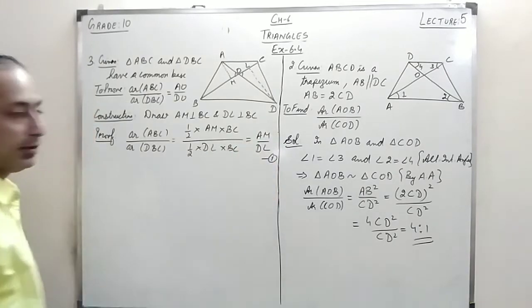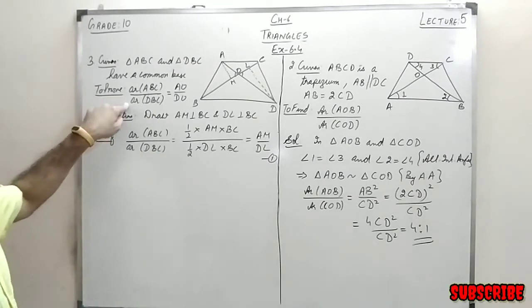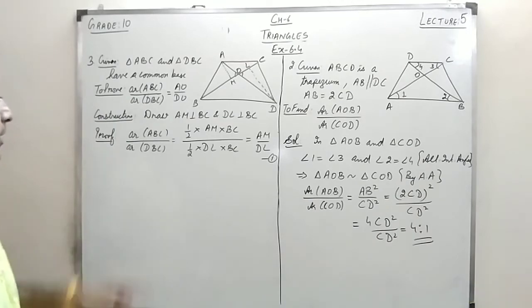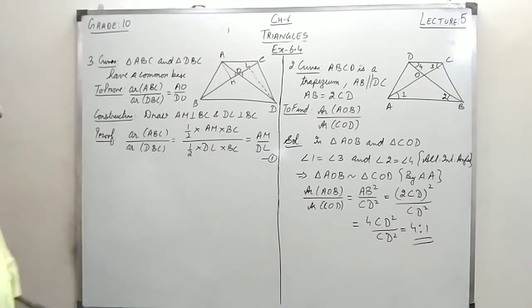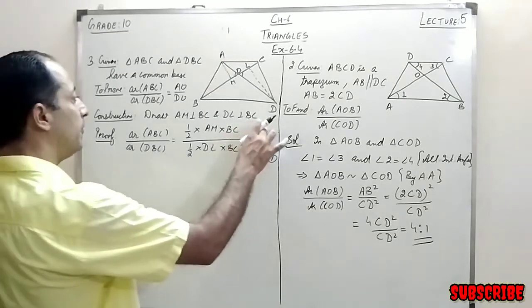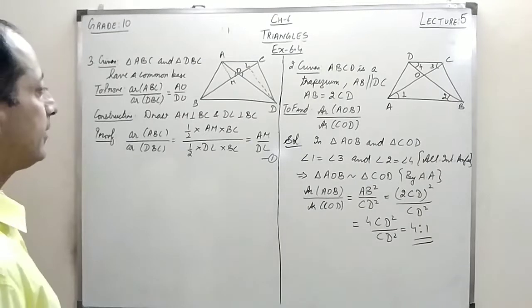I put it as 1. Now I have to prove that area of ABC upon area of DBC is AO by DO, and this is the thing I have got. Now my next step would be to think, if I can prove these two things equal, then I can get the desired result. Now to prove the two ratios equal, what can we do?